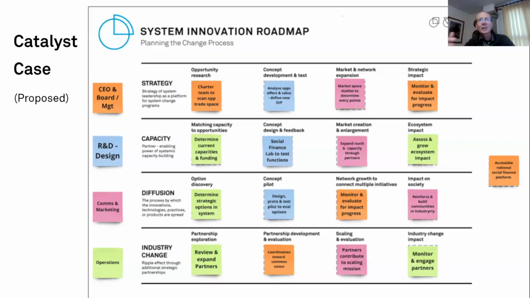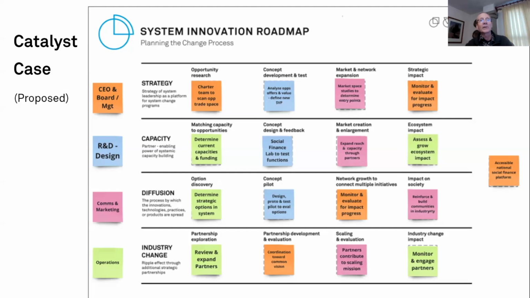The next one down is capacity building, and this would be more R&D. Design would be in this development of capacities and the implementation of those capacities to support the strategy. These may work together, but they may have their own departments in a large company. Communications and marketing supports the diffusion, so you'd have communication specialists, but marketing is also responsible for building the market, though we think of sales as being different.